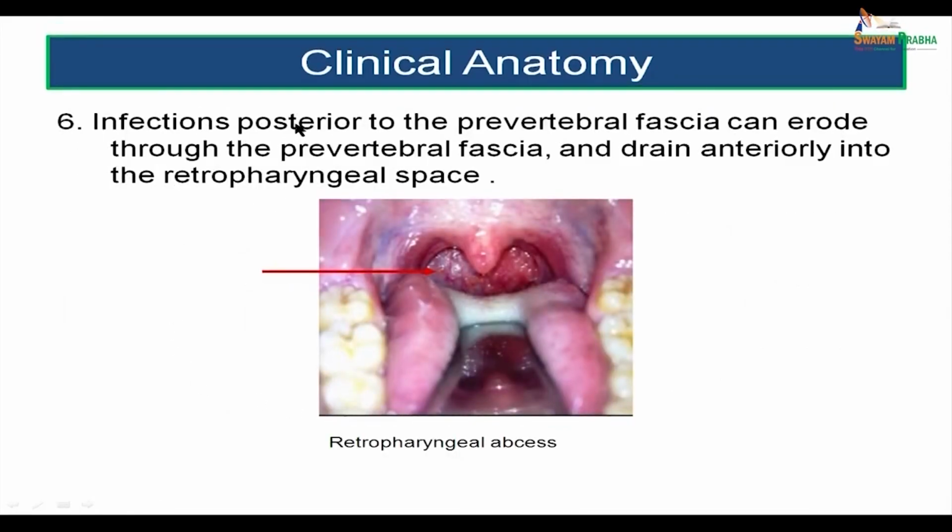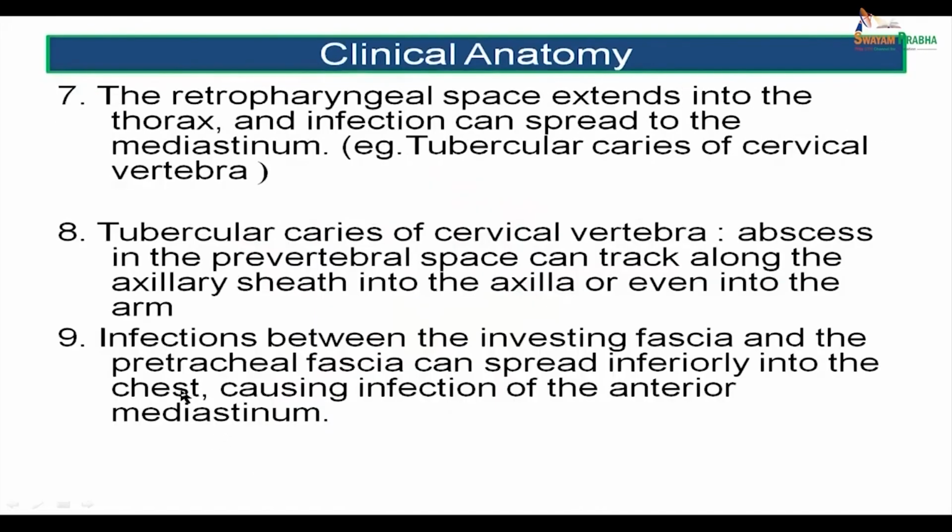Infections posterior to the prevertebral fascia can erode or break through the prevertebral fascia, and they can come anterior into the retropharyngeal space. So, this picture is showing you that the retropharyngeal space is enlarged and there is a collection of pus. This condition is called retropharyngeal abscess, and sometimes it can be a life-threatening condition.